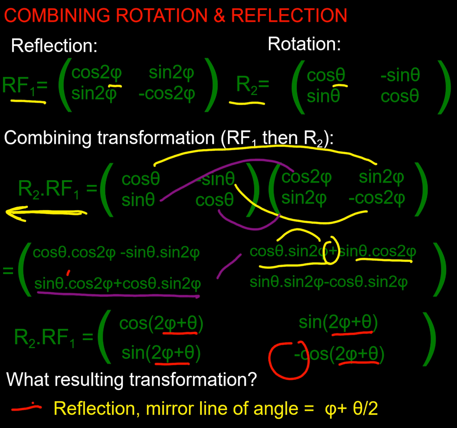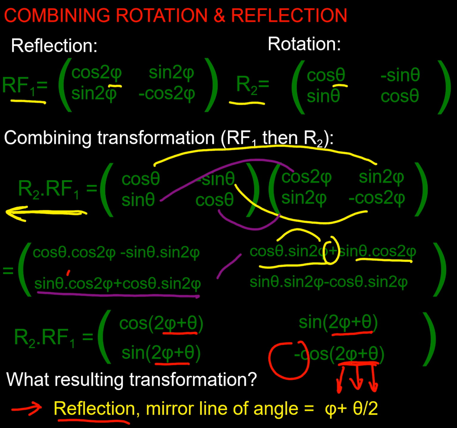That tells me this is a reflection matrix. And if it's a reflection matrix, I just need to remember that the angle it's reflecting through is where I just need to halve whatever's inside. So I'm going to get phi plus a half of theta over 2. So that's what I get if I do my reflection and then my rotation.